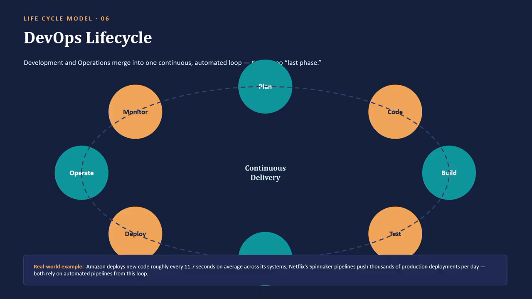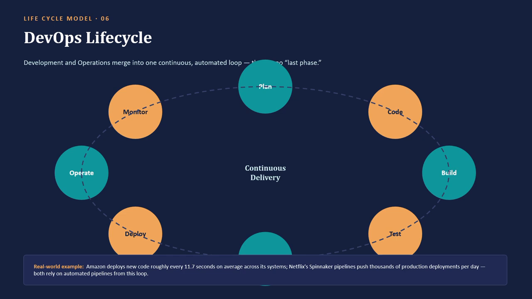Next, we will see DevOps life cycle. Development and operations merge into one continuous automated loop. This is the last phase. First one is plan, then code, then build, then test, then deploy, then operate, then monitor.